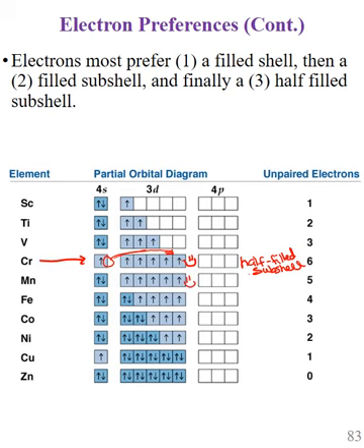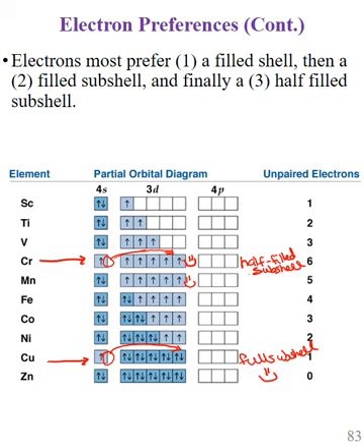Again, one of those electrons from the 4s gets promoted, in a sense, up to the 3d. Why would it get promoted up to the 3d? Because now you have a full subshell. When it has a full subshell, it is super, super happy.